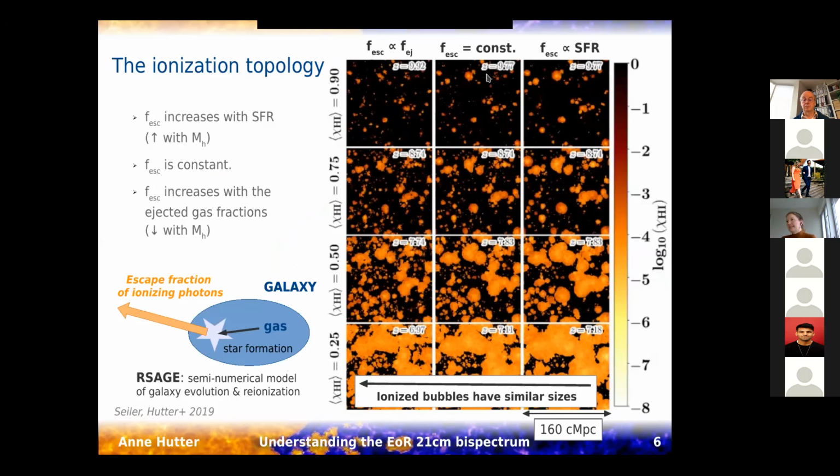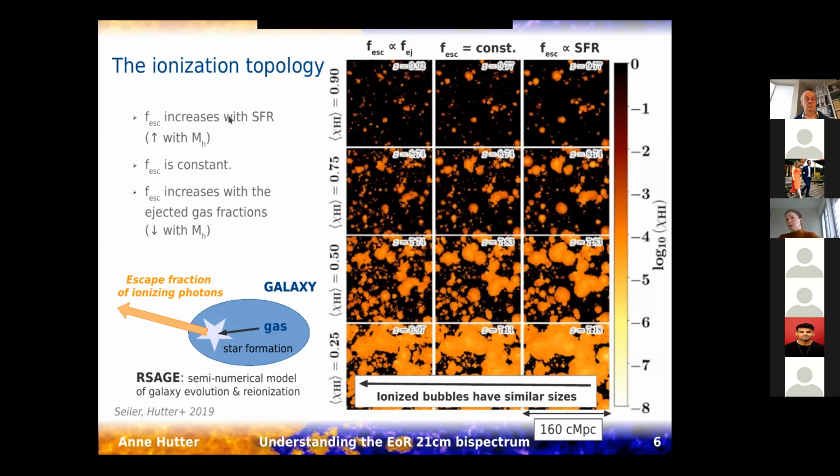In each panel, what is black is a neutral IGM, and what is orange-yellow are the ionized regions. We go from a nearly neutral universe to a more nearly ionized universe from the top to the bottom. So this is the fiducial model.